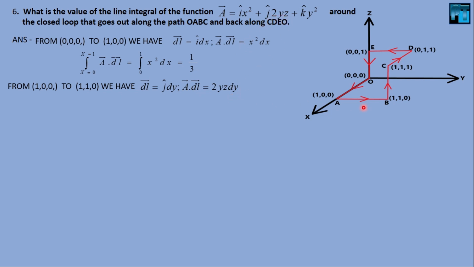Now see, this is very interesting, because here is a z term, and what is the value of z here? 0 to 0. So z equals 0. So A dot dl equals 0, and the line integral will be 0.